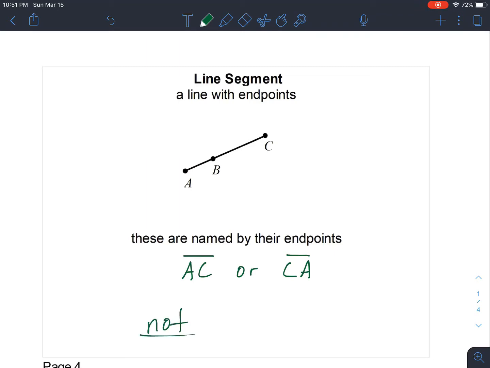Now we cannot call it AB, we cannot call it BC, we cannot call it BA or CB, because that's talking about either that part right there or that part right there. And what we want is the entire line segment.